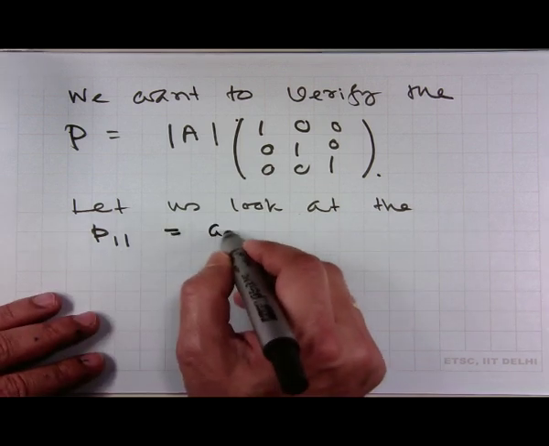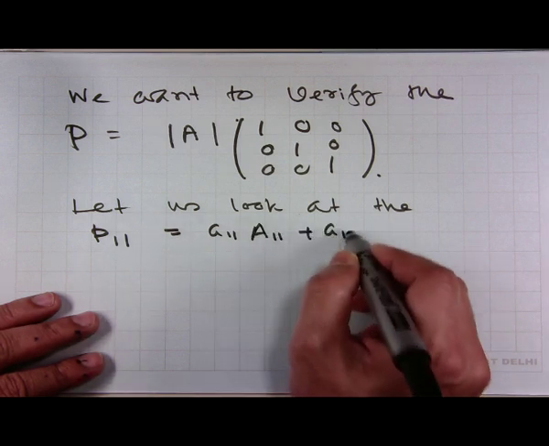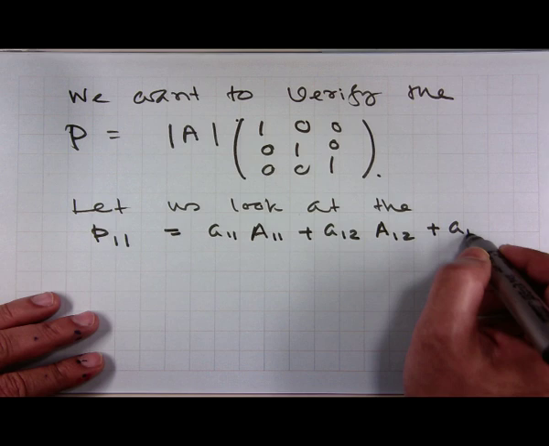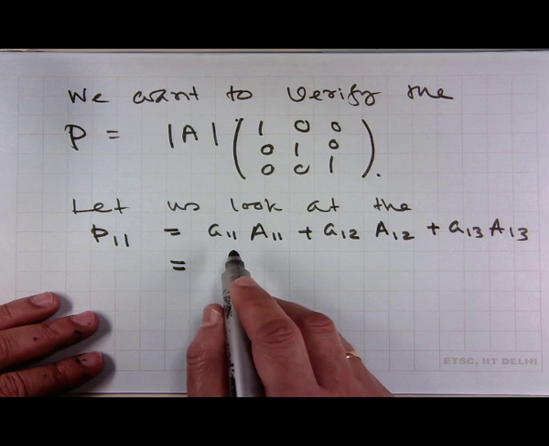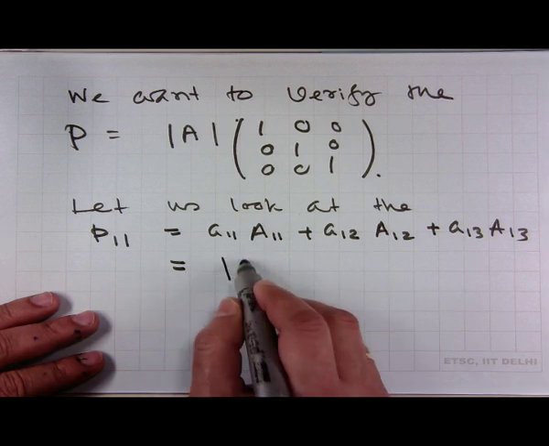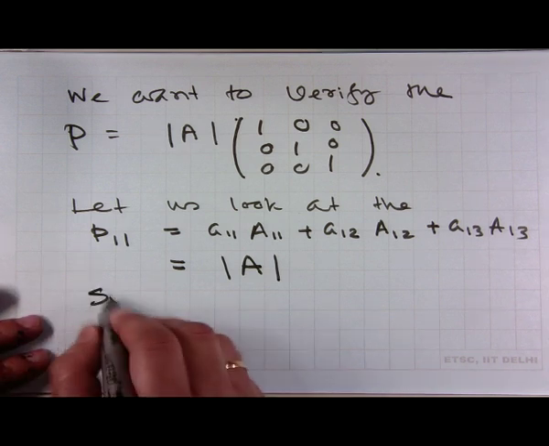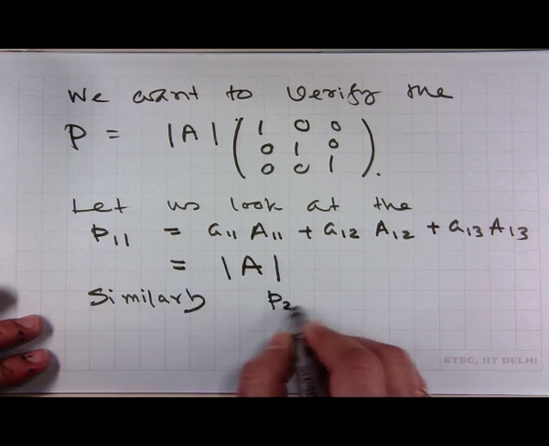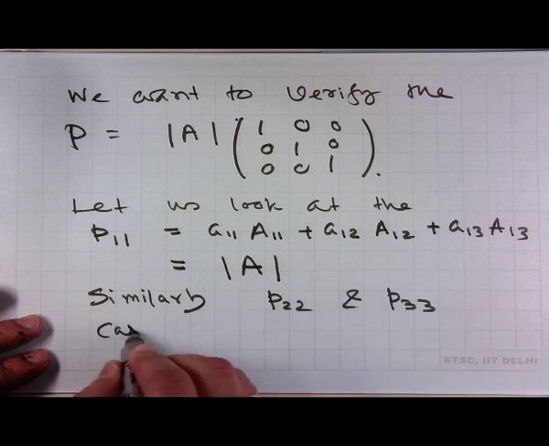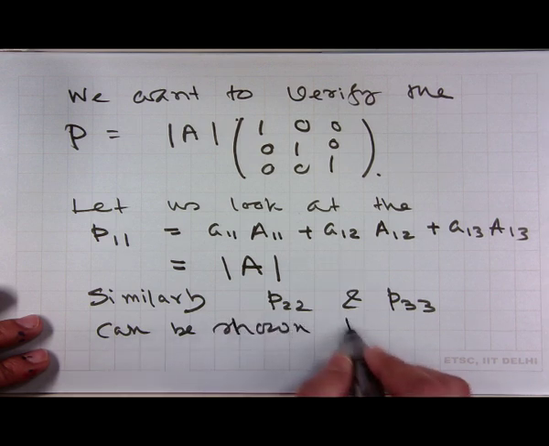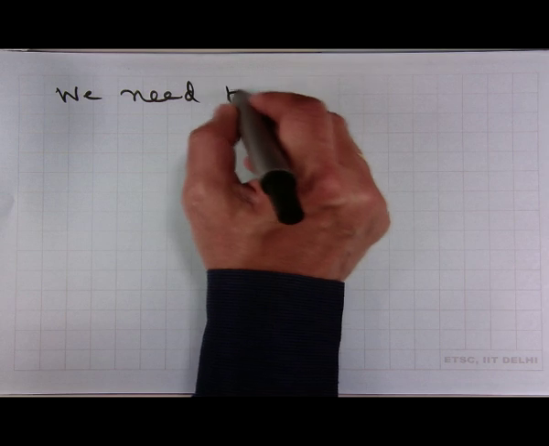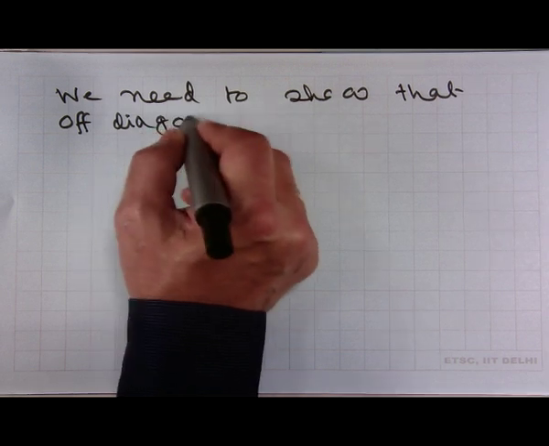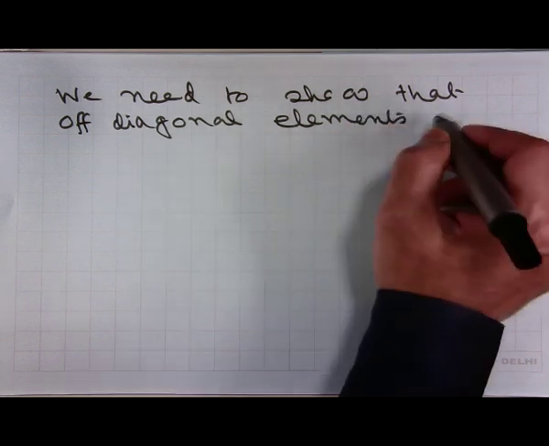P11 is equal to a11 into A11 plus a12 into A12 plus a13 into A13, which we know is the expression of the determinant when we expand along the first row of A. Therefore, this is going to be determinant of A. Similarly, P22 and P33 can be shown to be determinant of A. We need to show that off diagonal elements are 0.